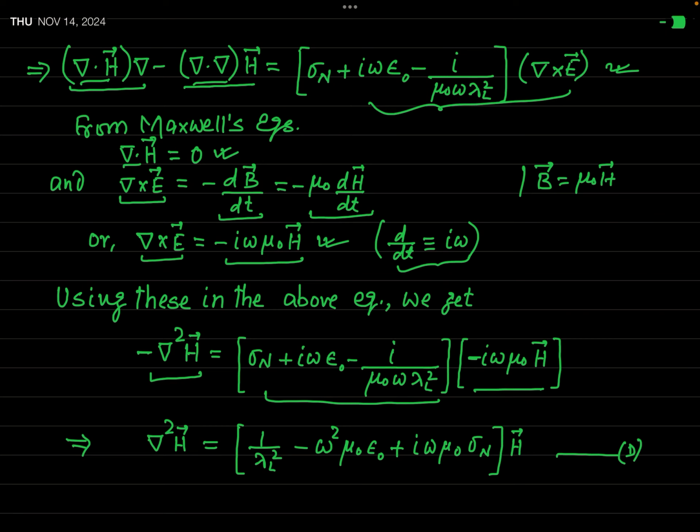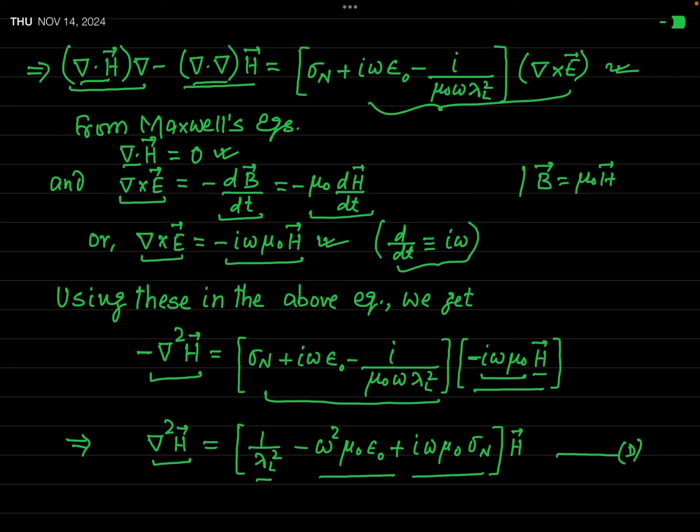And except for the factor H, the remaining factor i omega mu naught we will multiply with the terms inside the first square bracket. So after multiplication you will get del square H equal to 1 over lambda L square minus mu omega square mu naught epsilon naught, and plus i omega mu naught sigma n.